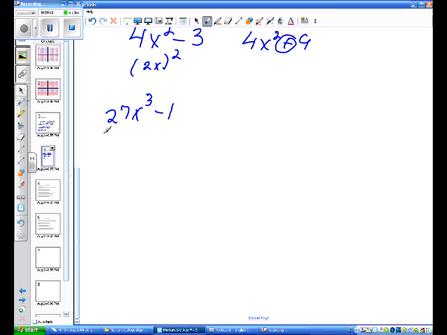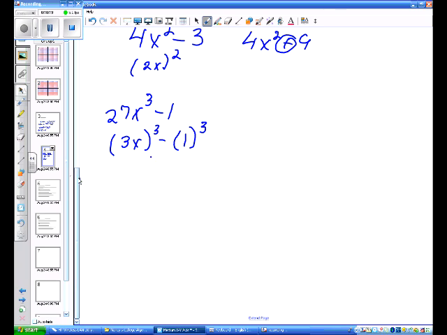Okay, there's no common factor, and we're going to follow our pattern. We have two terms. This is a perfect cube. This is 3x cubed, and 1 is a perfect cube. It's 1 cubed.